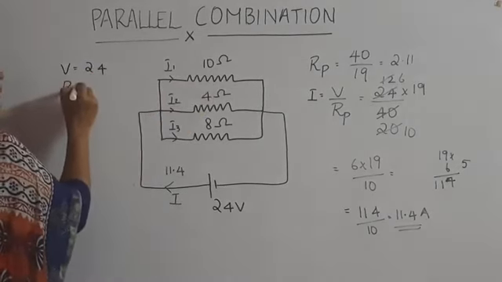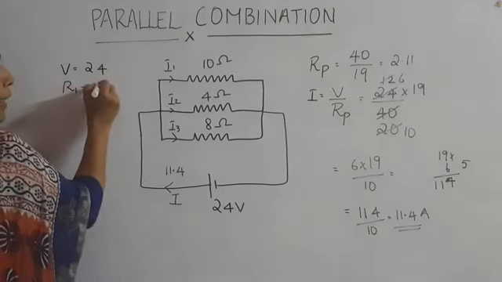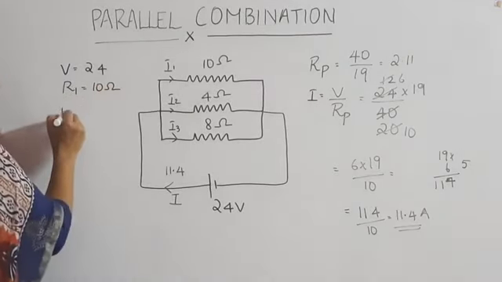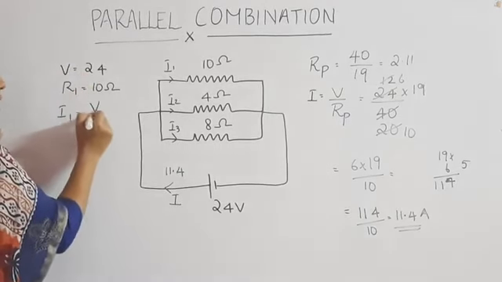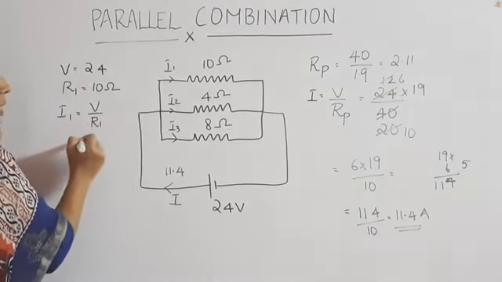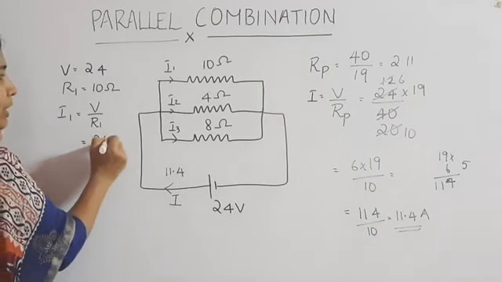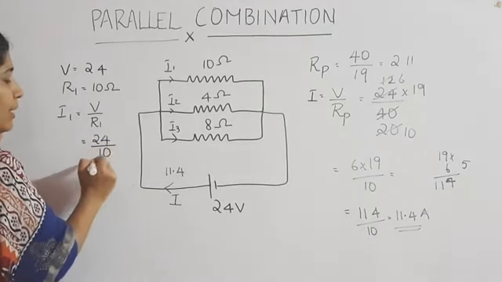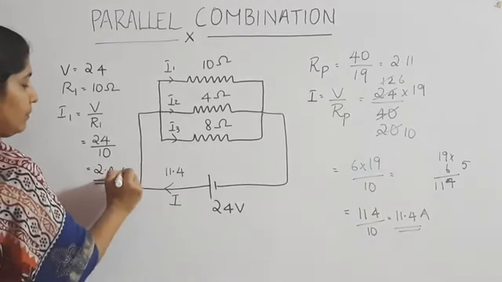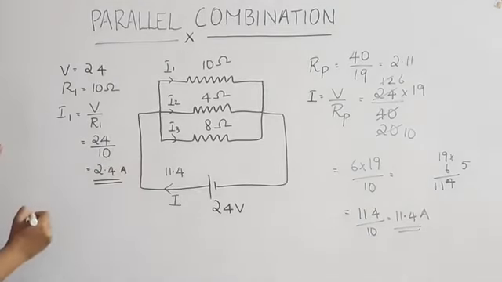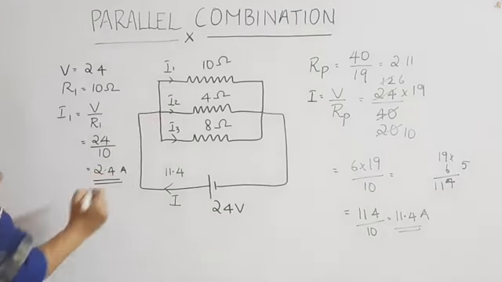R1 is equal to 10 ohm. Then I1, according to Ohm's law, is V by R1. V is 24, so 24 divided by 10 is equal to 2.4 ampere.